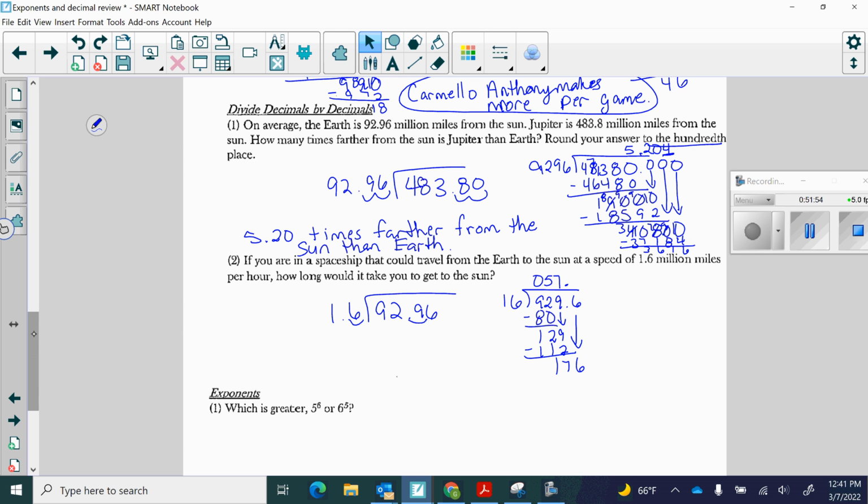And in the 176, it can go one more time into this one, sorry. 8 times 129. And then 8 times 6 is 8. Here my 4. There we go, that's better. Bring down my 6. It can't go into 6. Oh, it can go into 16.